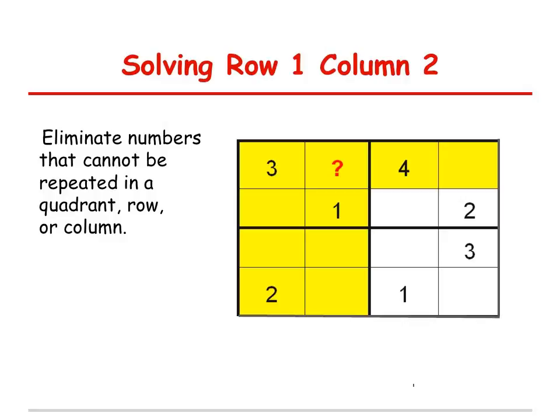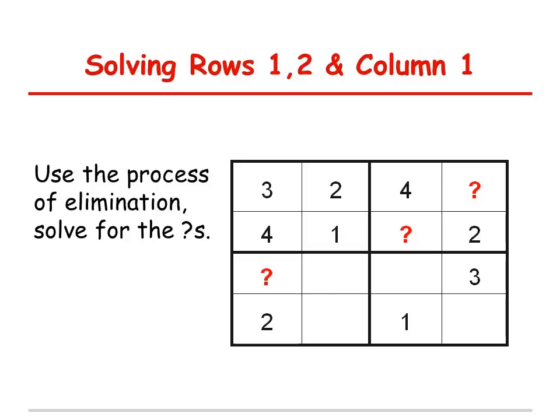Looking at column 2, you already have a 1 and 4, which means column 2 cannot contain a 1 or 4 due to the no repeat rule. Finally, the first quadrant at the upper left contains a 3 and a 1. By process of elimination, the only number that will satisfy the no repeat rule is the number 2.